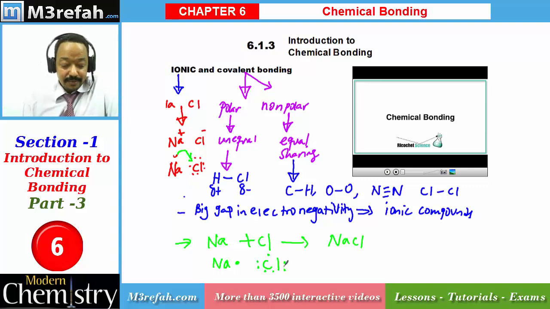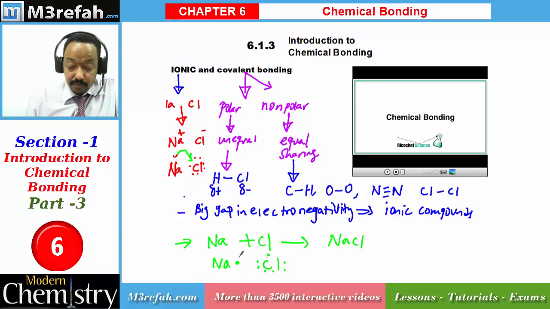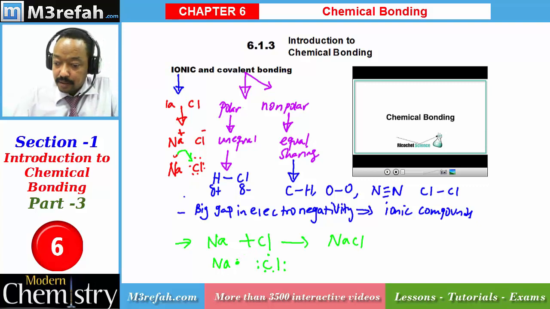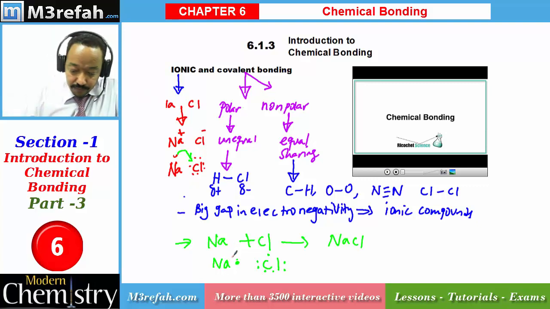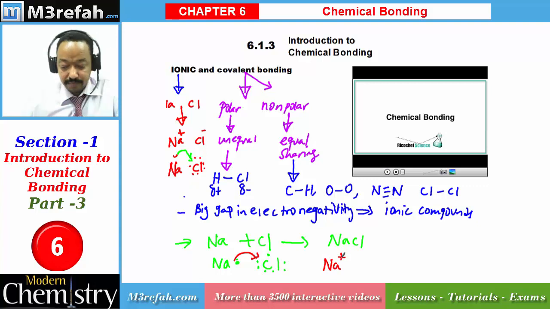What is the agreement? We can have electrostatic attraction if the metal part delivers its electron towards chlorine, so that sodium becomes this ion and chlorine becomes 1, 2, 3, 4, 5, 6, 7, 8.